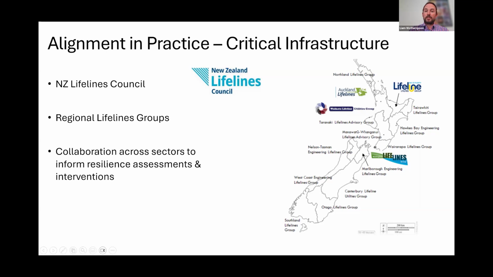And then if we look to the map of New Zealand and all these different regional areas, we also have regional lifelines groups. At the regional level, we get collaboration across all those different critical infrastructure sectors. They meet regularly. We have researchers involved in those meetings too, and they discuss regional planning approaches to try to think not just as individual organizations, but as combined organizations.